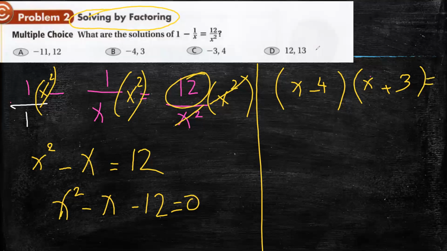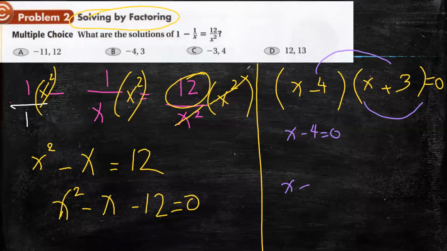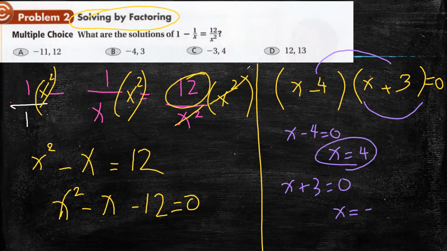So here we have x minus 4 and x plus 3. Then x minus 4 could be 0, and x plus 3 could be 0, as we did before. So x could be 4, and x could be negative 3.